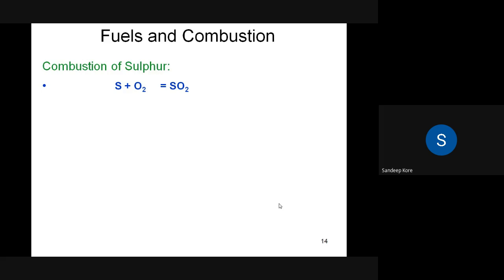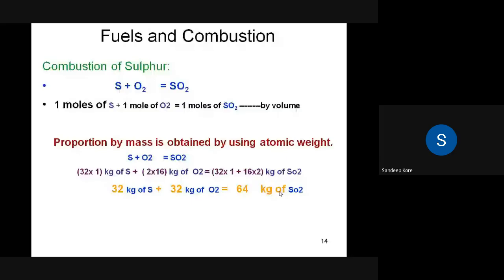Then combustion of sulfur. 32 kg of sulfur reacts with 32 kg of oxygen, it is going to form 64 kg of SO2.